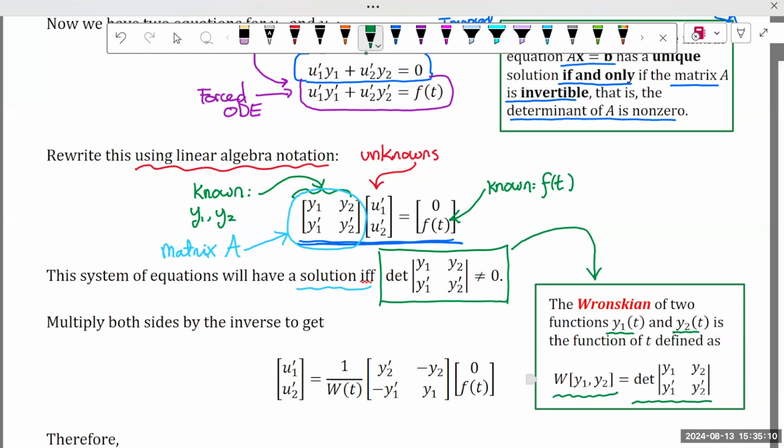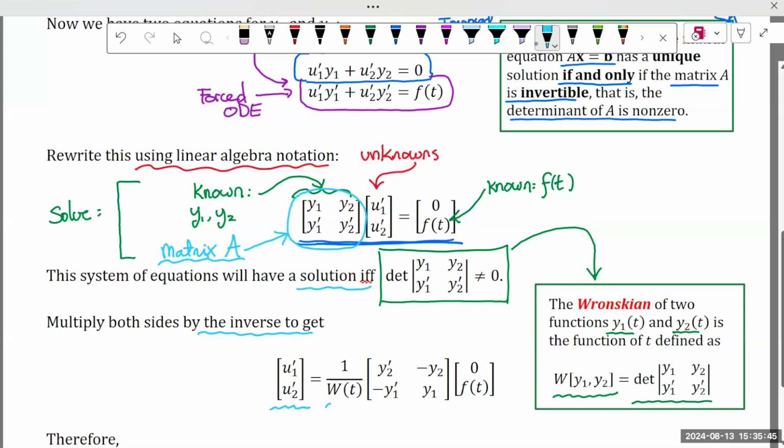Now, coming back to our system of equations that we want to solve, how do we do that? If we assume that the matrix A is indeed invertible, let's multiply both sides of that equation by the inverse of A. In this case, you end up isolating your unknown vector u1 prime, u2 prime.